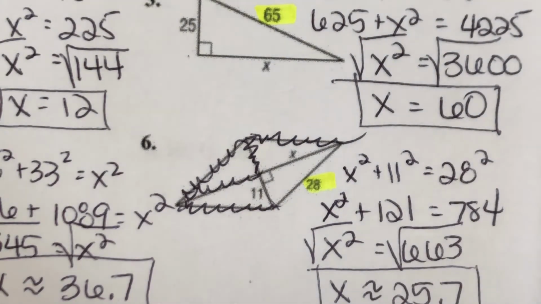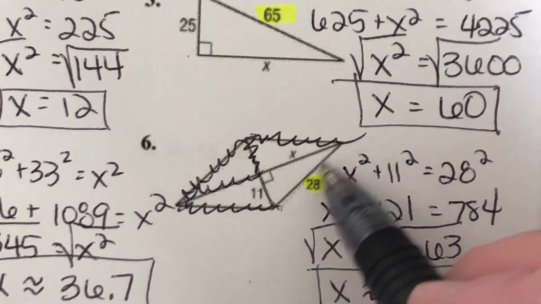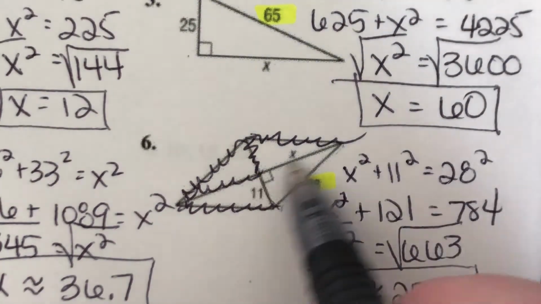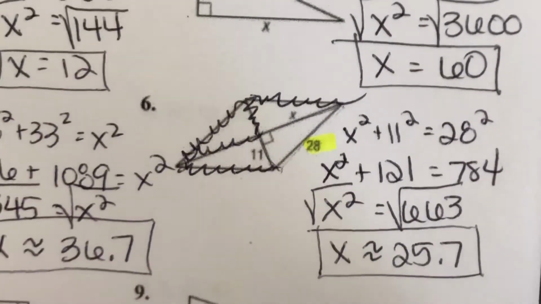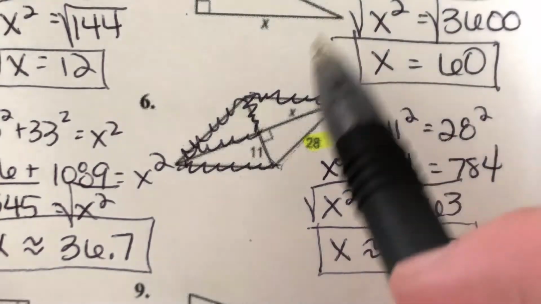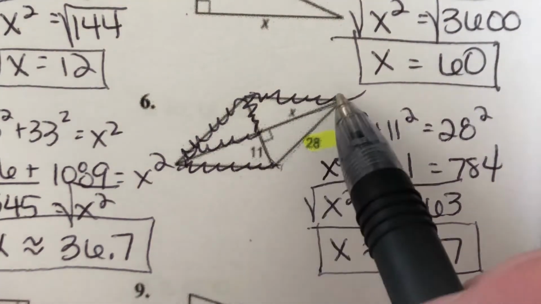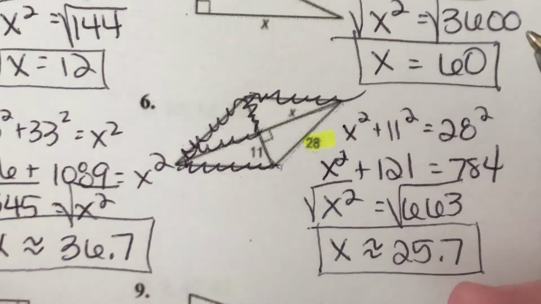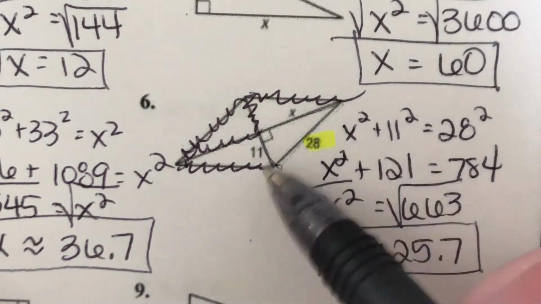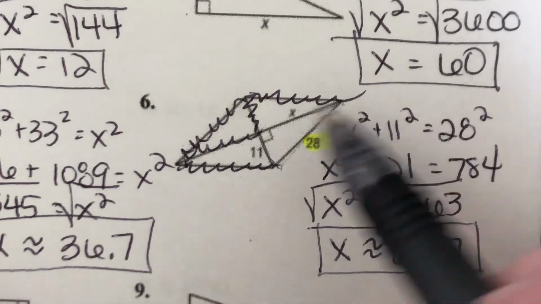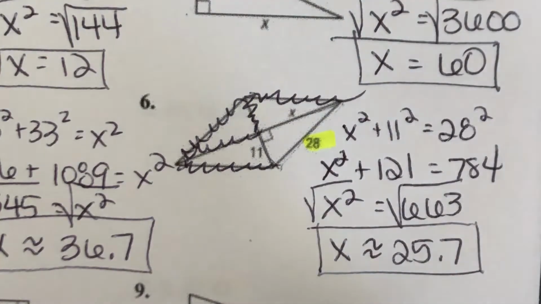Seems kind of big. Oh no, because the hypotenuse is 28 and this is less than that. So that makes sense. Just make sure when you find your two legs, if you're looking for one of the legs, they should both be smaller than the hypotenuse, or vice versa. If you're looking for the hypotenuse, it should always be longer than the two legs, right?